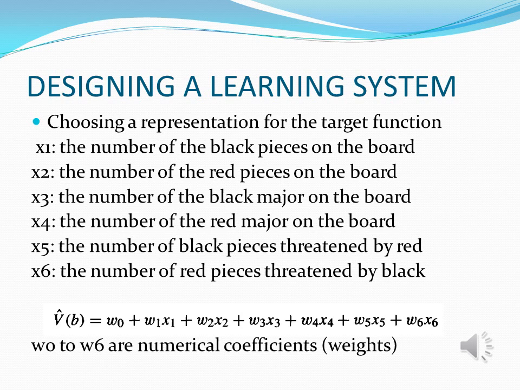In this example, function approximation V cap is represented as W0 plus W1 x1 plus W2 x2 and so on, where W0, W1, W2 are numerical coefficients, and x1, x2, x3 are different board features.